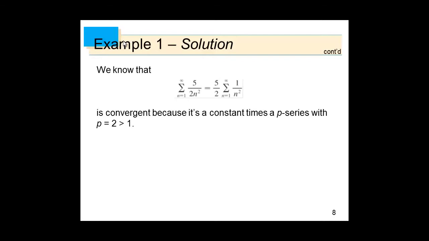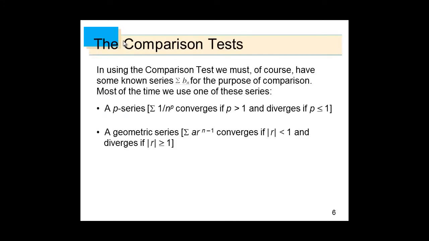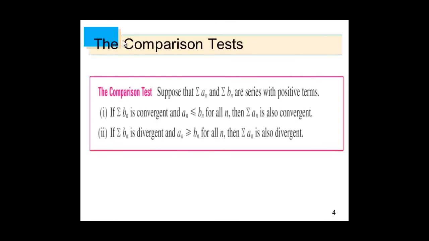Now, one thing you want to make sure, though, is that the series that you have is a series of positive terms. If you want to apply the comparison test, the terms of the series should be positive. Is that making sense? Now, when I wrote down the test here, I said they are series with positive terms. It doesn't have to be that every term is positive.